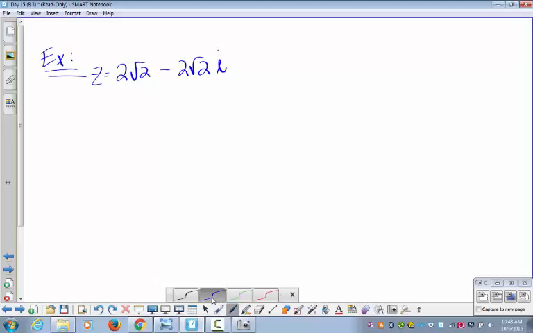And see if you can figure that one out. So find the trig form of that complex number. Put another one up here too for the speedies.